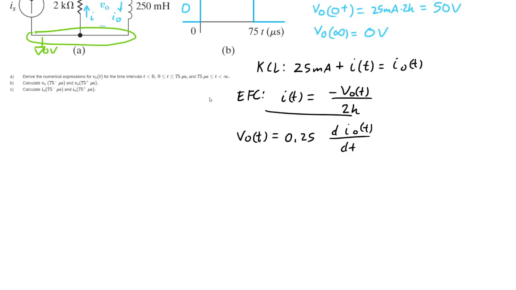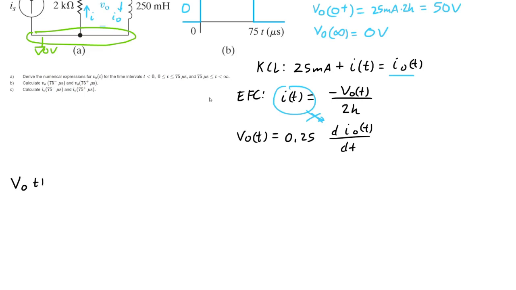I went ahead and prepared these KCL and KVLs. Just like the capacitor one, we can't drop this I of t straight in there. We have to find an expression for I of t. But luckily, we have an expression for I of t. It's just 25 milliamps plus I of t. So let's plug that in and get to work.